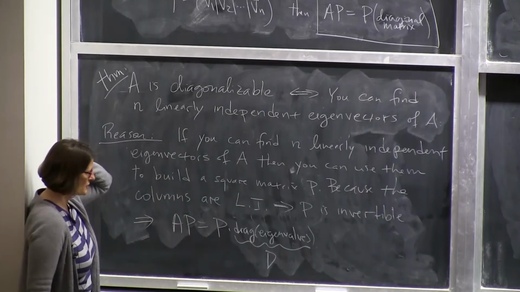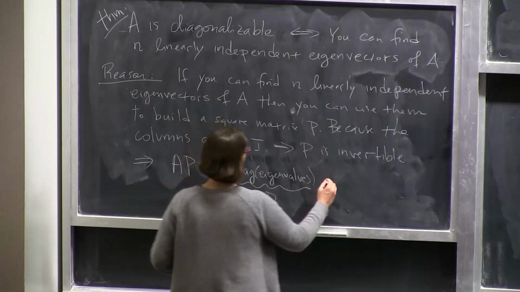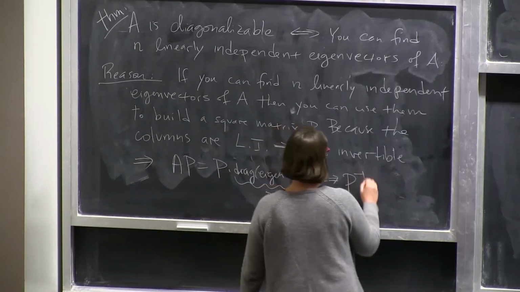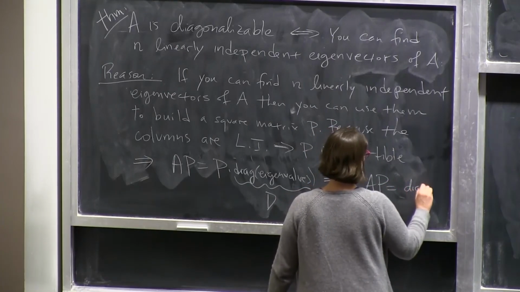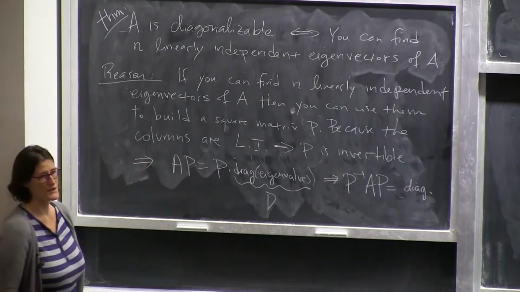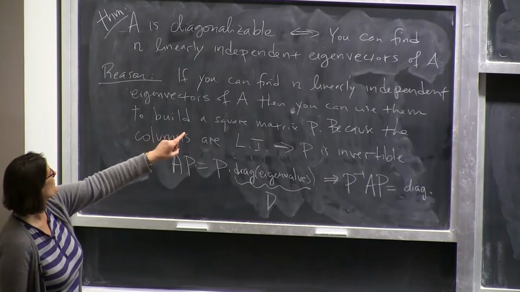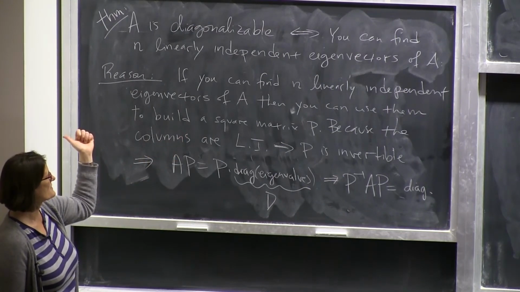I've used the MATLAB notation. Means that we can just left multiply by P inverse. And we're done. So this is actually the proof. This is the proof that if you can find n linearly independent eigenvectors, then A is diagonalizable.